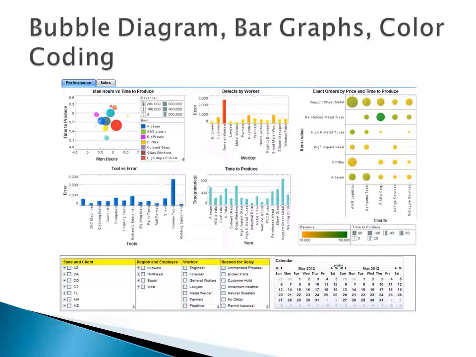The bubble diagram is in the upper left-hand corner. So they have this where each bubble represents a different specialty line item for what they are looking at. And then you go to the other areas. They're also looking at various types of tools with bar graphs.